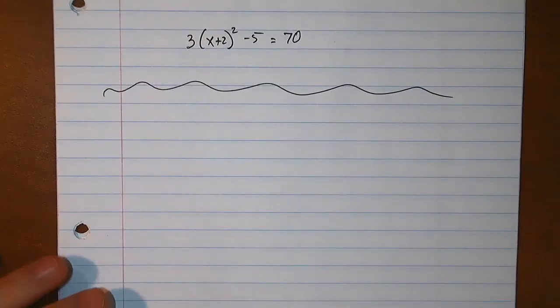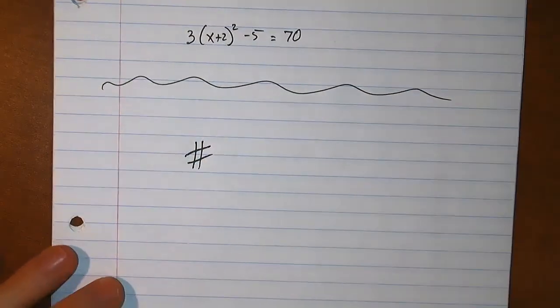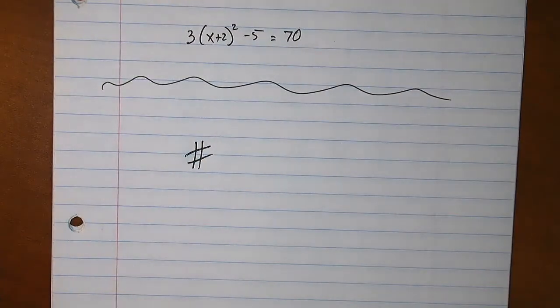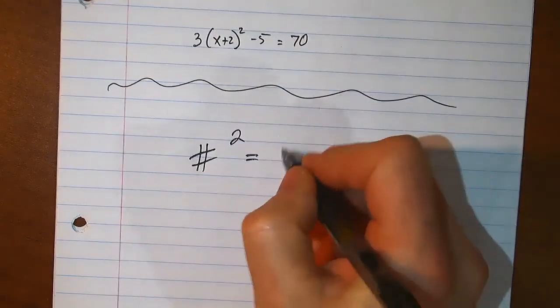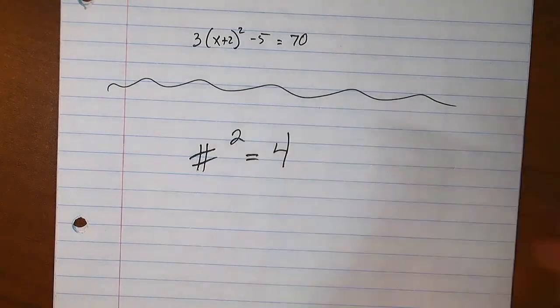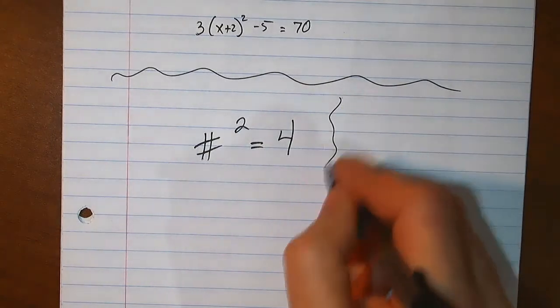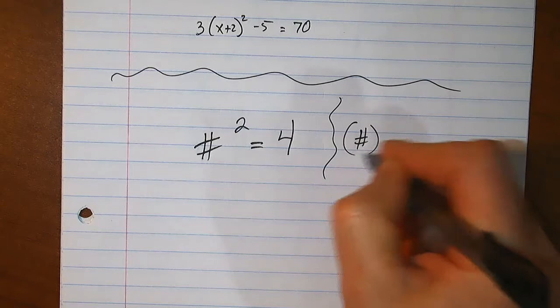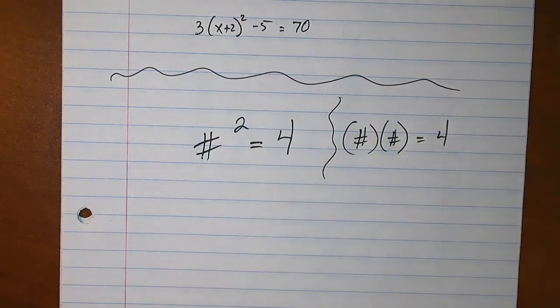All right, so let's imagine that there's some number. Okay, so I'm thinking of a number. Let's just play a little guessing game. I'm thinking of a number, and if I take that number and I square it, the answer turns out to be 4. Okay, remember, squaring means I'm multiplying it by itself. So another way to write this is I'm taking this number and multiplying it by itself, and the answer turns out to be 4.